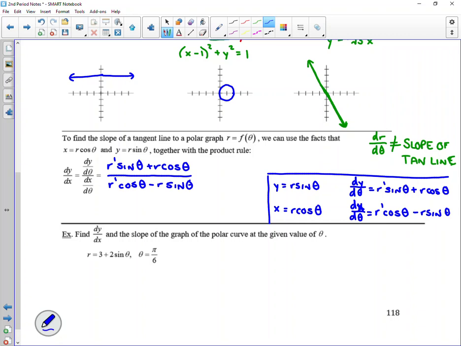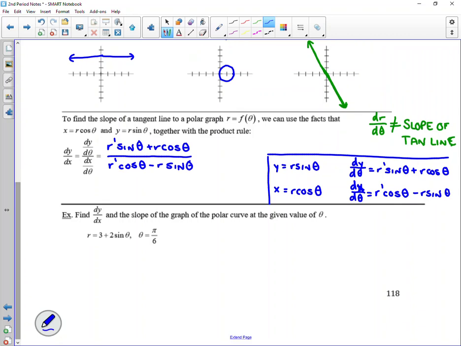Should we memorize it? Well, I don't. I just take the derivative every time of y and x, because in the same time that it takes to do that, I could just write these two out, and then put them over each other. So, if you want to memorize it, you can, but you don't have to.